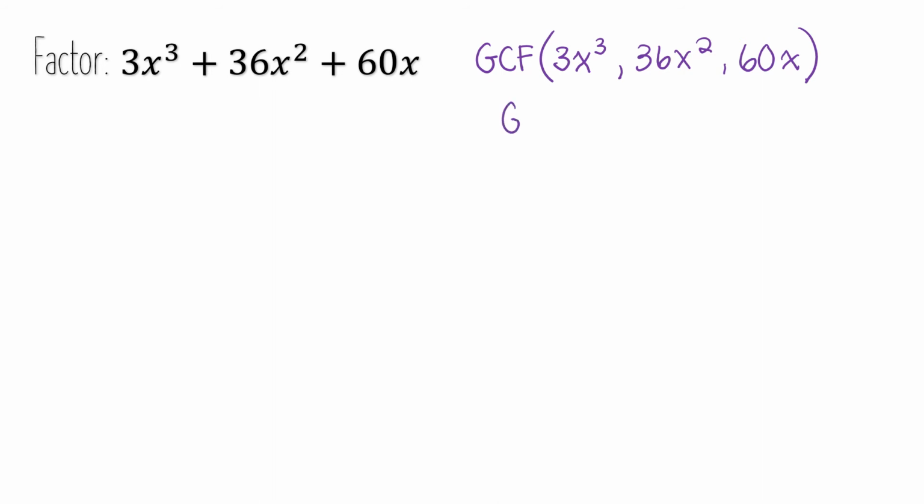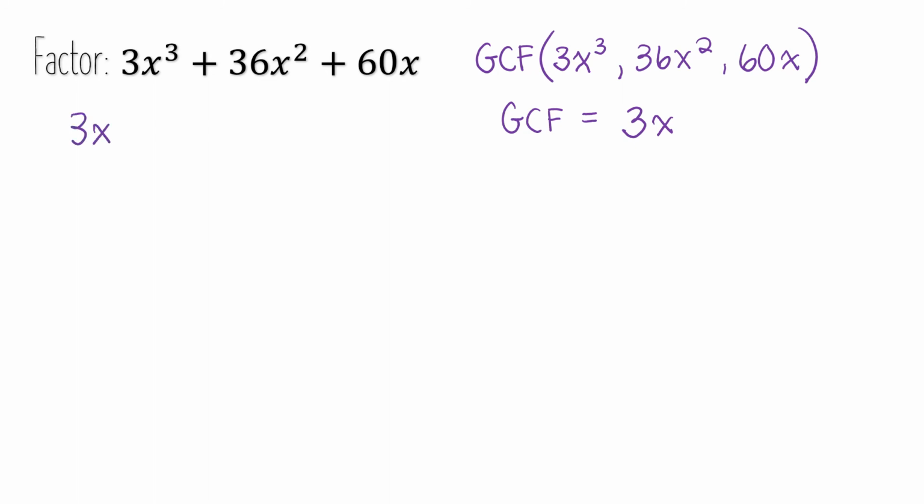The greatest common factor of these three terms is equal to, well, all three of them have at least one x, so we know that we'll include an x, and then the greatest common factor between our coefficients, so between 3, 36, and 60, is 3. So we have to factor out a 3x.